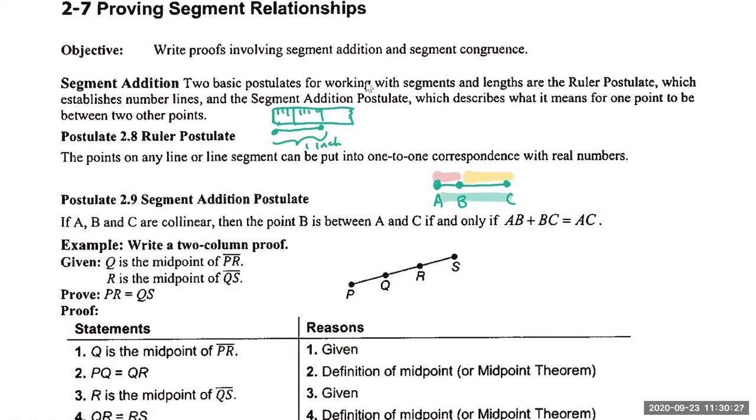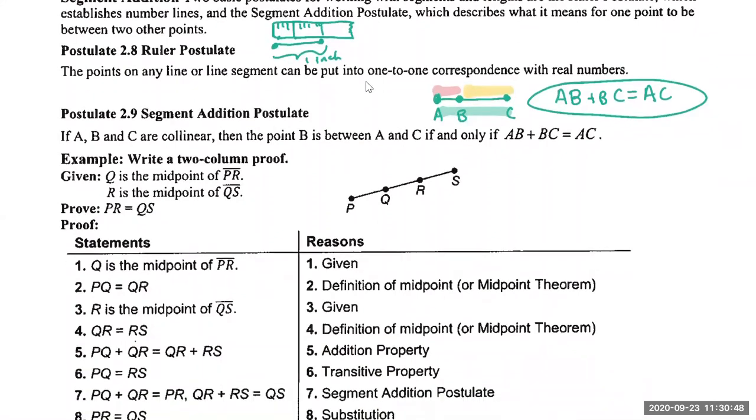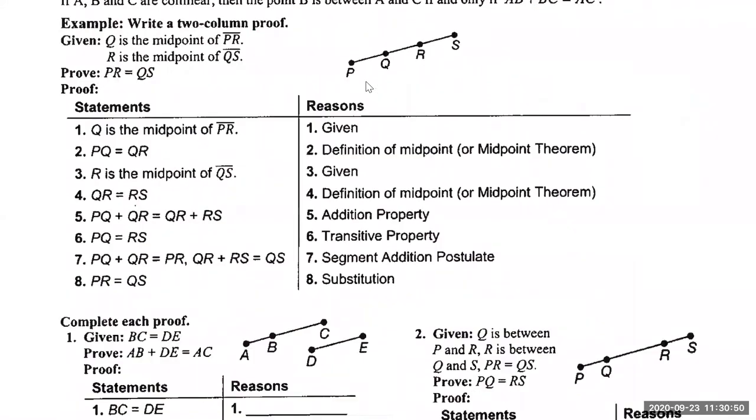So you'll hear me informally say it as a piece plus a piece equals a whole. So that's this statement that you see right below, that if A, B, and C are collinear, B is in between A and C, that's the conclusion that you can draw. All right, so what we're going to do is start off with a super easy proof that's guided for us.